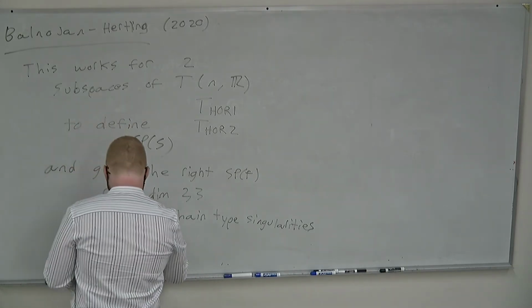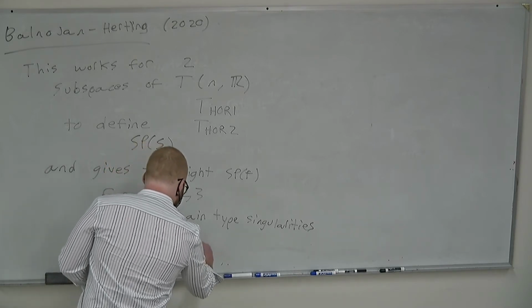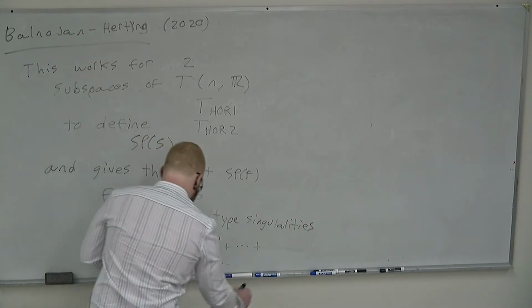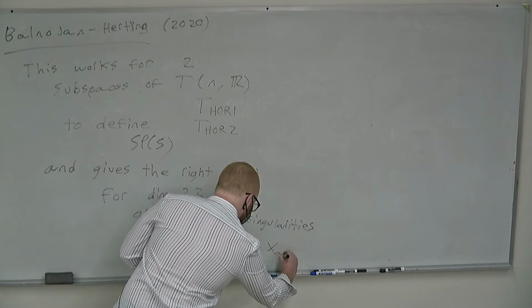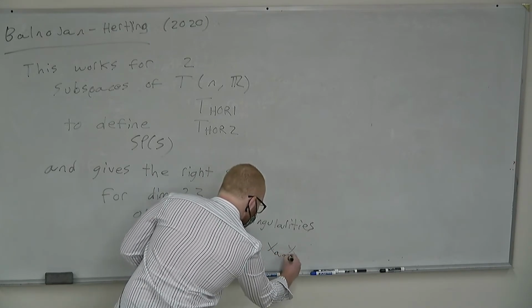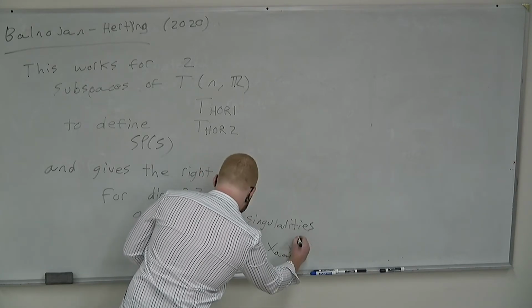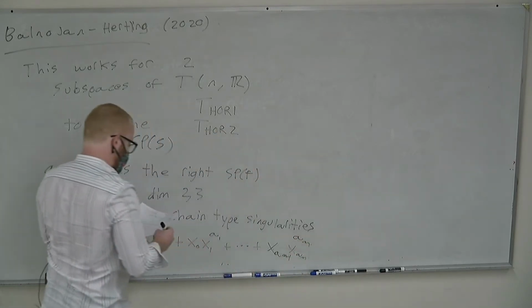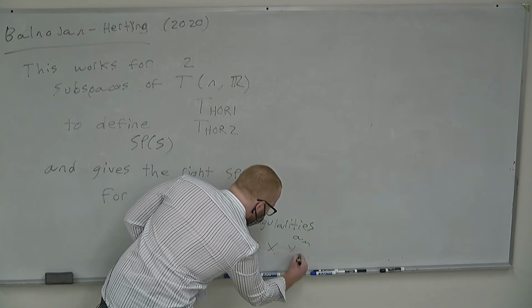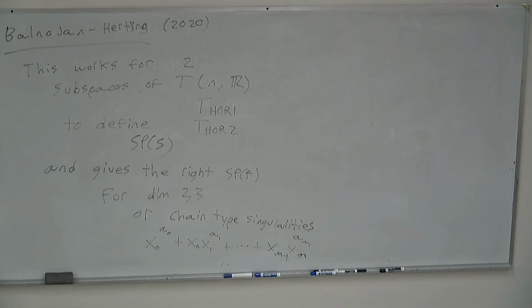And a chain type singularity is just something that looks like this. That's basically what a chain type singularity works like.